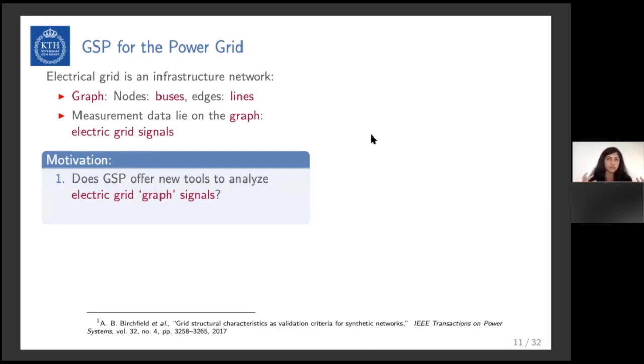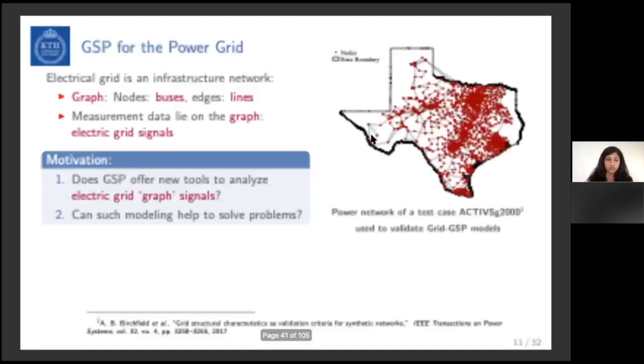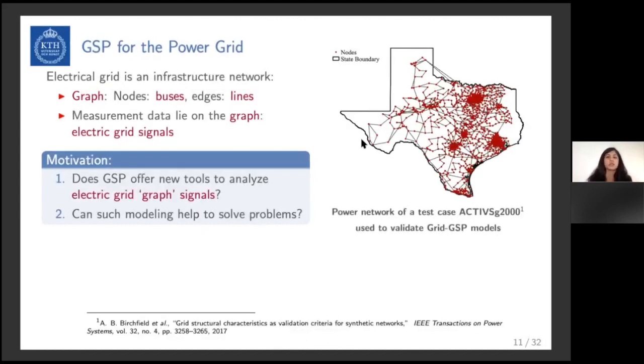You can think of this measurement data as voltage or current data or power, and these are electrical grid signals. So the motivation for us is to find if GSP offers any new tools to analyze these electrical grid graph signals, and whether such modeling will help us solve some problems.